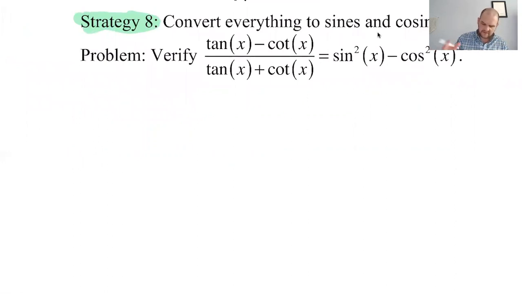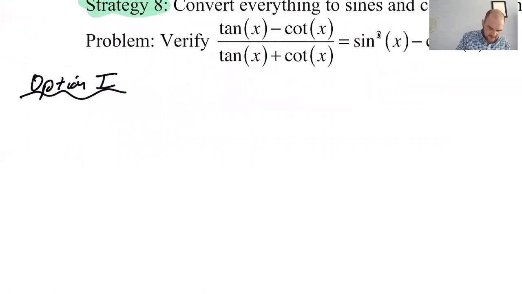I think we might be able to, but let's see. So first, option 1. We're going all sines and cosines. And it's okay, sometimes you've got to do it. So tangent, I know, is sine over cosine. And then cotangent, I know, is cosine over sine.